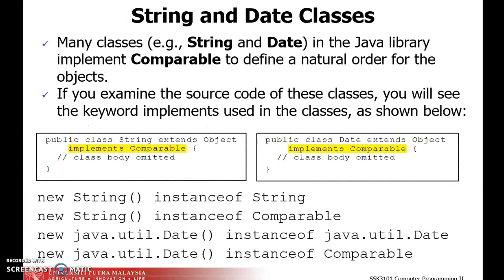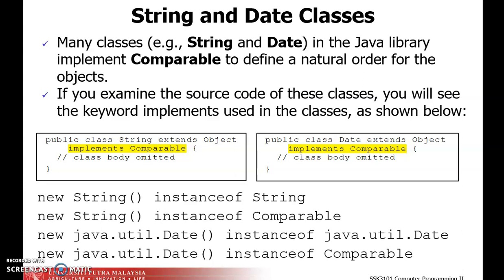Okay, back to the main program. Most classes in the Java library should implement the Comparable interface to define a natural order for the objects. It is a simple process of just adding the new keyword implements, as shown in the following example with yellow colored text.